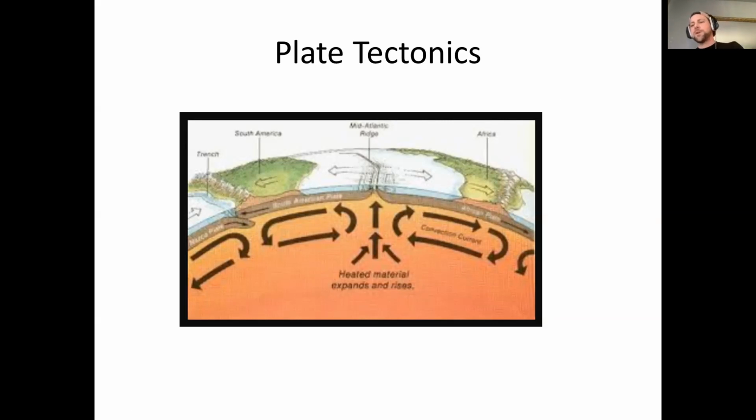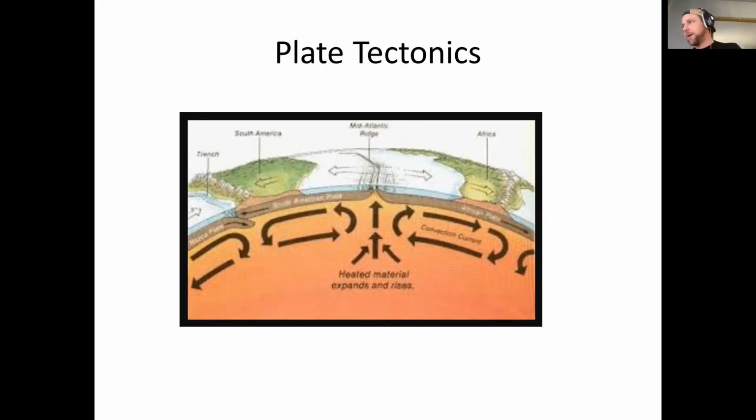A lot of this sparked based on observations made a while ago, where the idea is plates move so slow that you can't really see it in real time. Even over a lifespan, it's very minimal. So there had to be observations based on the continents being separated, but having similar landforms.